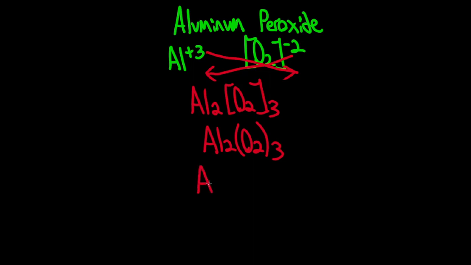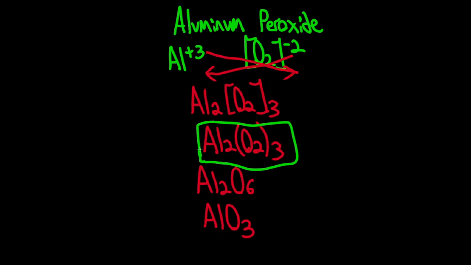Now, you could potentially see it as Al2O6, where you multiply that 2 there by the 3, and it could be even further reduced down to AlO3. But again, like I was saying earlier, when you leave that O2 in there, you'll remember that it's a peroxide.